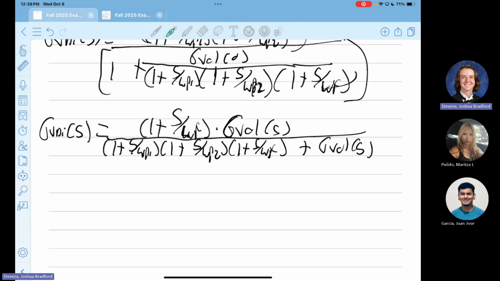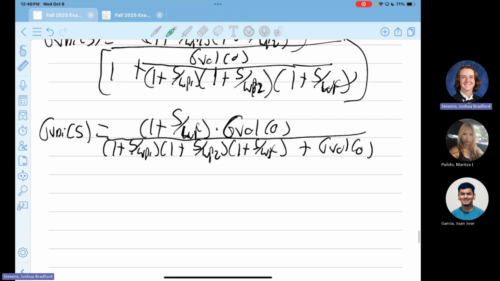As in this omega F is just 1 over RF times CF, and we have numerical values for that. We have a numerical value for G vol of 0. That's not supposed to be of S. That's supposed to be of 0. We have numerical values for omega P1 and omega P2.